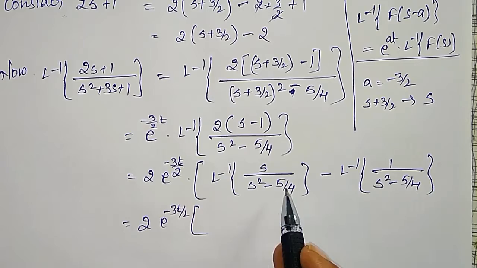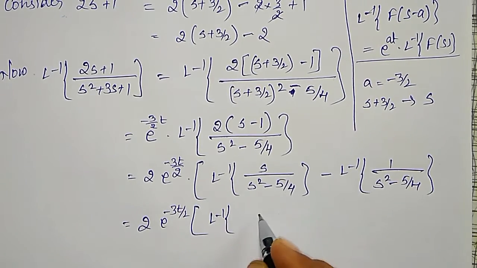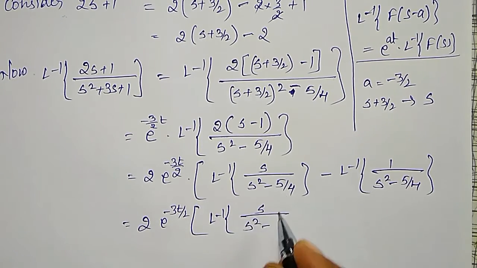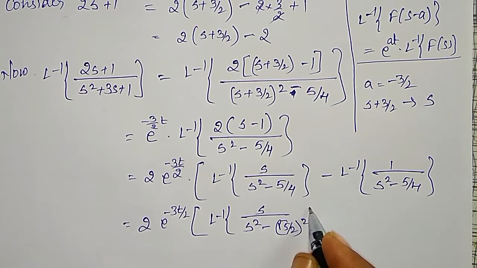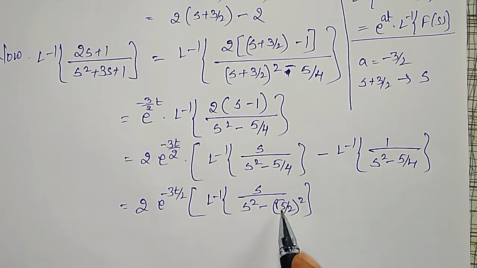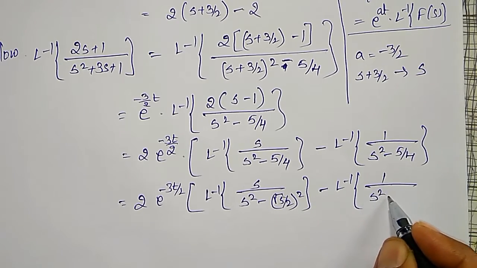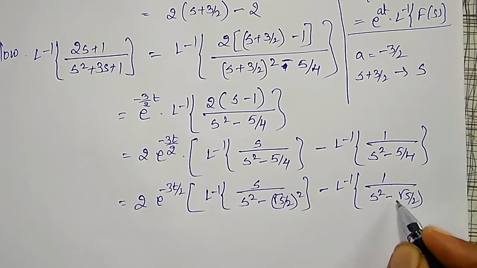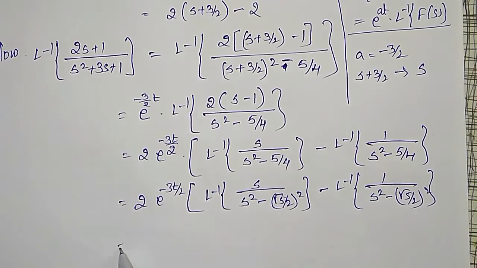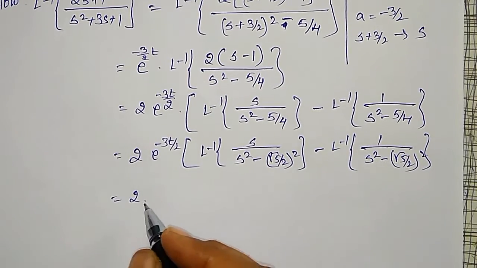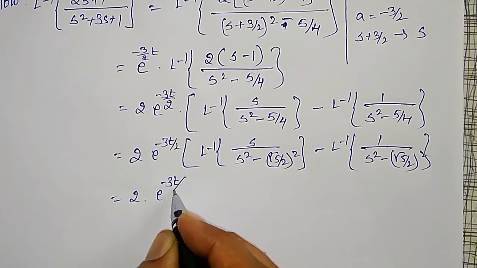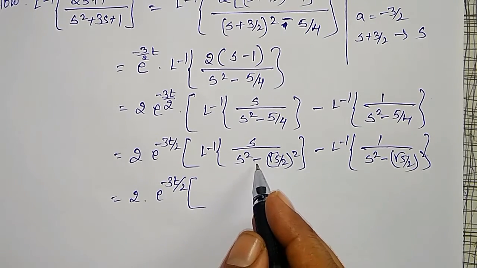How can I convert it in terms of a square here? That is the inverse Laplace transform of s divided by s square minus, and 5 by 4 I can write as (root 5 divided by 2) the whole square. And this one I can write as the inverse Laplace transform of 1 divided by (s square minus (root 5 divided by 2) the whole square). That is 2 into e to the power minus 3t by 2 into the minus is there.